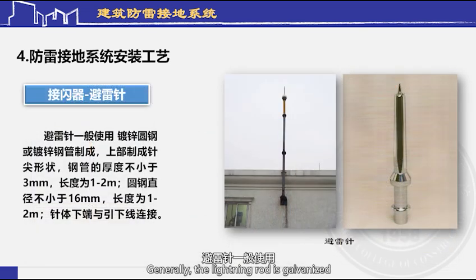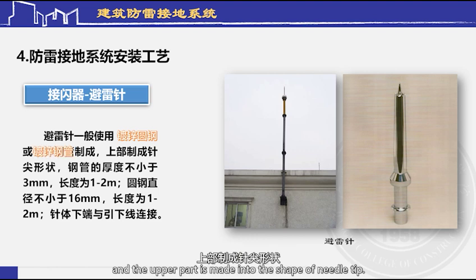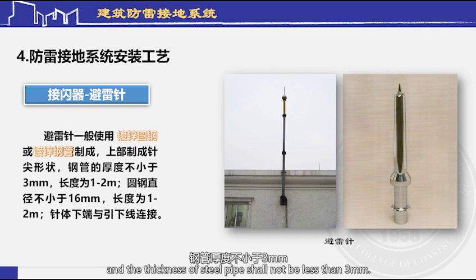Generally, the lightning rod is galvanized round steel or galvanized steel pipe, and the upper part is made into the shape of a needle tip. The length of lightning rod is generally 1 to 2 meters. The diameter of round steel shall not be less than 16 millimeters, and the thickness of steel pipe shall not be less than 3 millimeters.